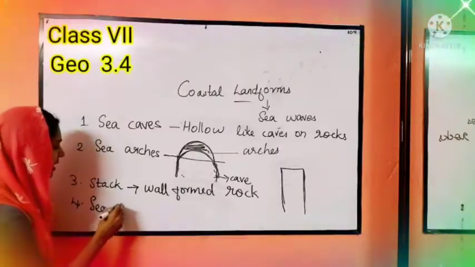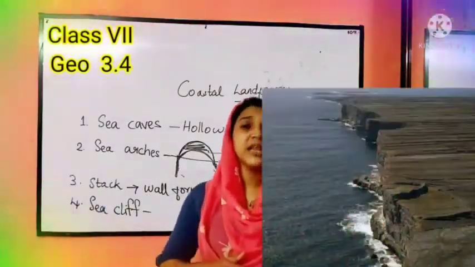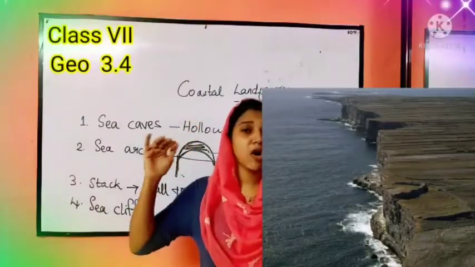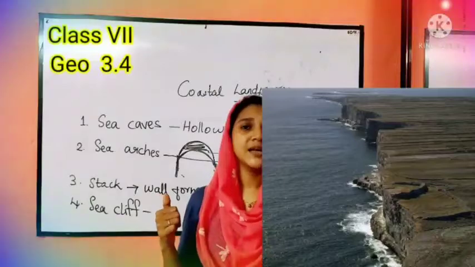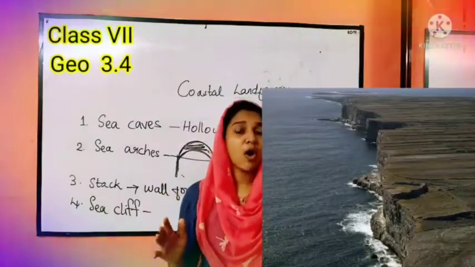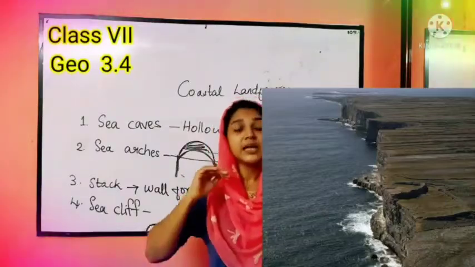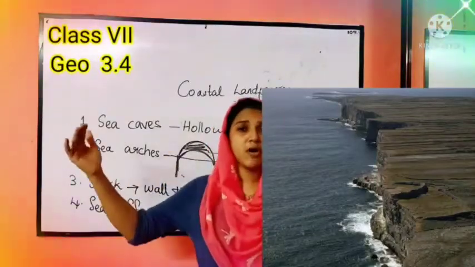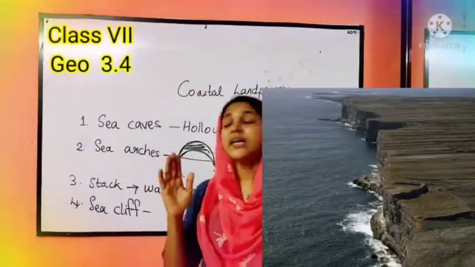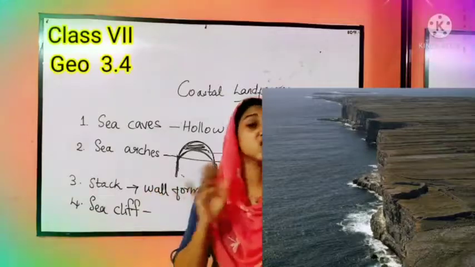Sea cliff. What are these, students? Have you ever seen a steep rocky coast in the coastal areas? Yes, they are called sea cliffs. It will be like this, students. The rocky area which is above the sea water is called a sea cliff. It is not sand.